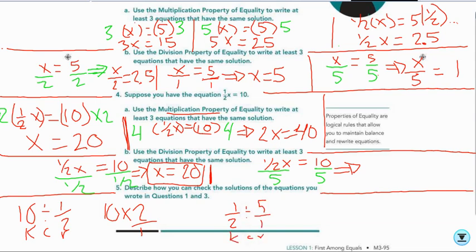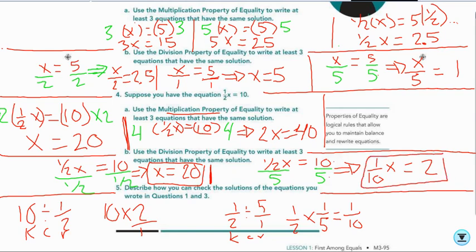Keep, change, reciprocal is 1/2 times 1 over 5, which is going to be 1/10. So they give 1/10 of x, which is equal to 2, because 10 divided by 5 is 2. So again, my equation ends up being still with a fraction, but it's still balanced.